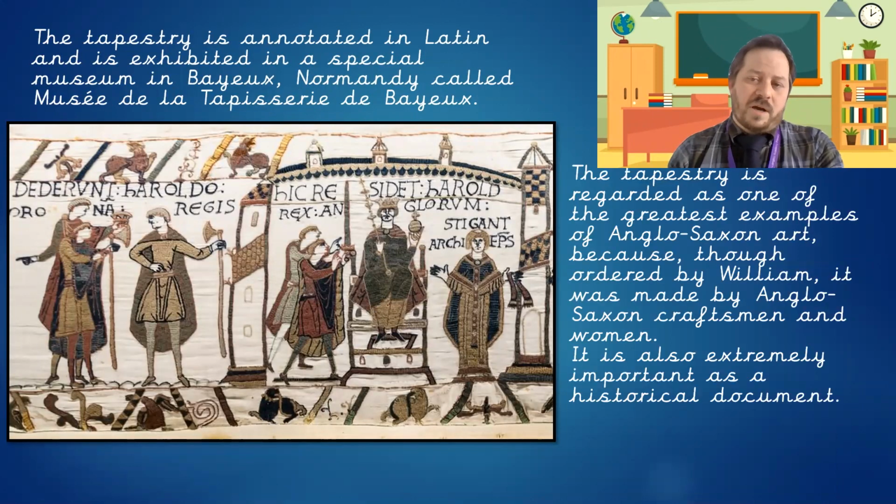The tapestry is regarded as one of the greatest examples of Anglo-Saxon art. And this is because although William the Conqueror commissioned it to show off his victory and have a record of it, it was actually made by Anglo-Saxon craftsmen and women, mainly women.